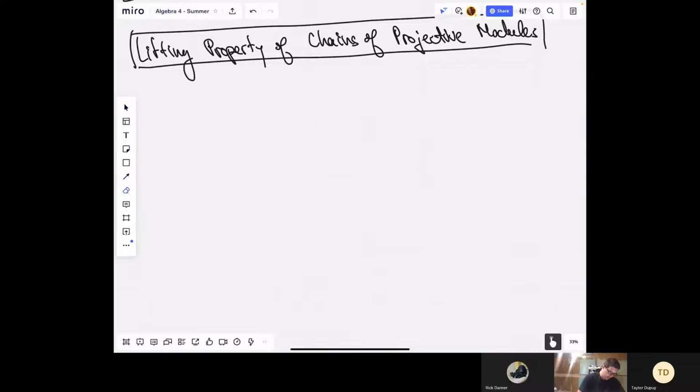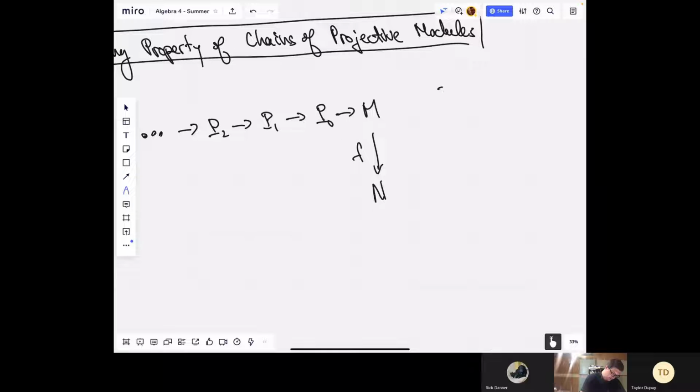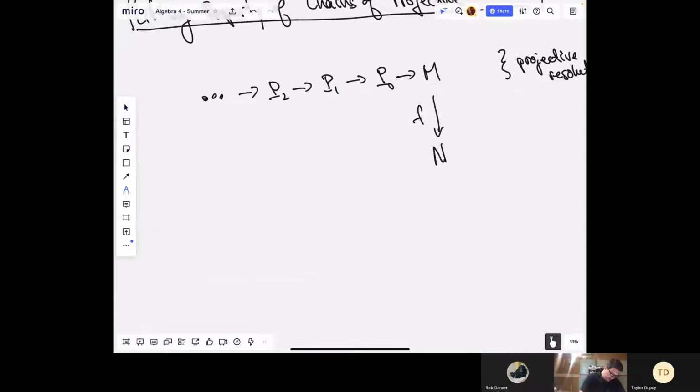Okay. So what we can do is we can start with a morphism, m to n, right? So this is just a morphism of R modules, right? And if I have a projective resolution here, so this is a projective resolution. Okay, and then if I have any resolution here, so this is Q0, Q1, Q2.